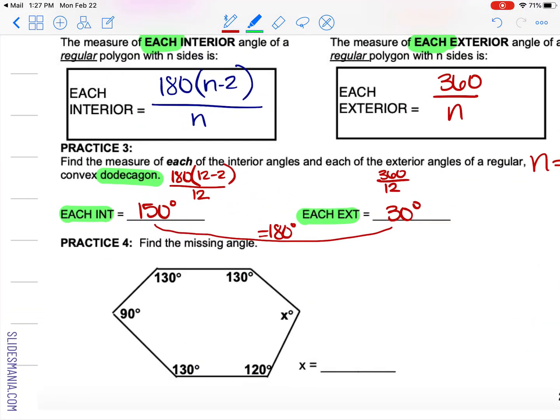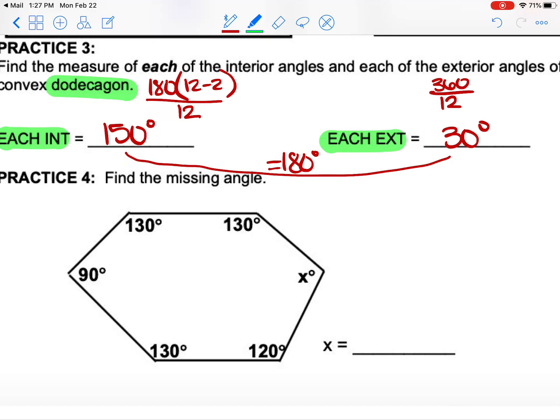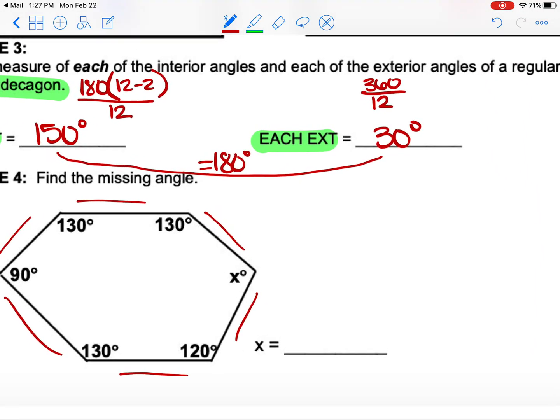All right, last example here. We have to figure out what angle X is. Well, first of all, let's figure out what kind of shape we're working with. Let's count our sides. So we have 1, 2, 3, 4, 5, 6. We know we have a hexagon. Doesn't say it's regular. We know it's not regular because all the angles are different. But we want to find what that one is. Well, let's figure out what all the angles are supposed to add up to in a hexagon first.